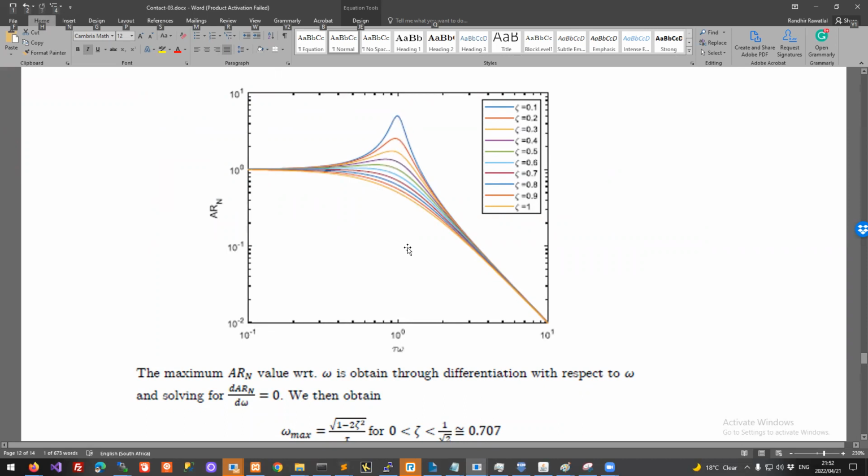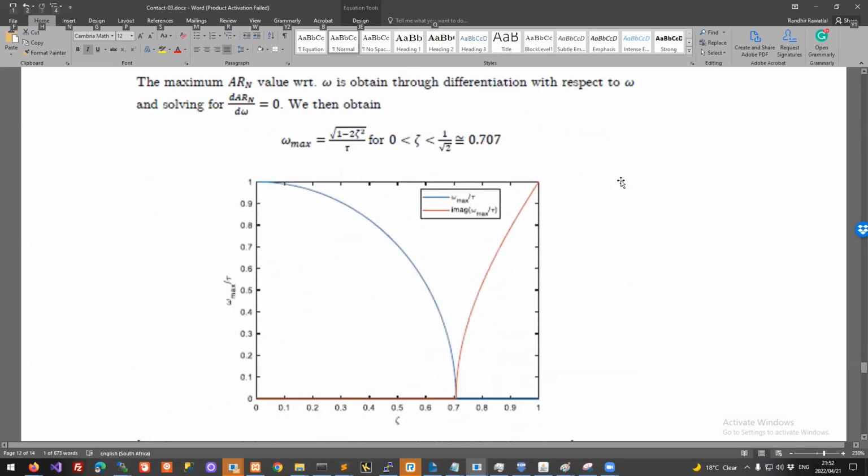You can look up the value of tau omega that maximizes the amplitude ratio. Remember, that's the danger point. There exists a critical tau times omega where you get the maximum amplitude ratio. That's going to be the place where you get the highest exceeding of the new steady state.